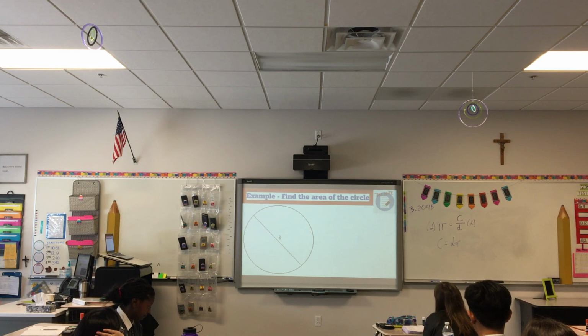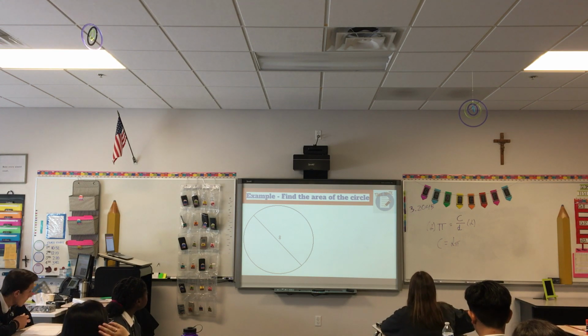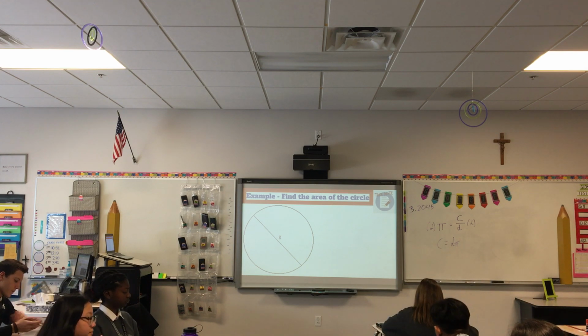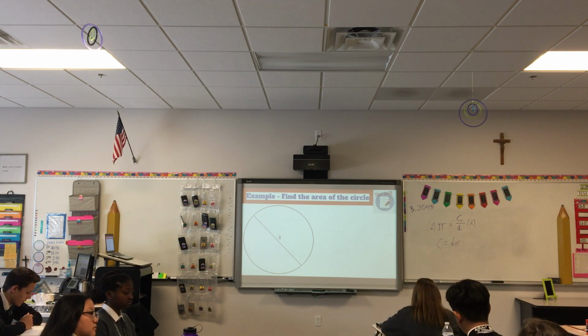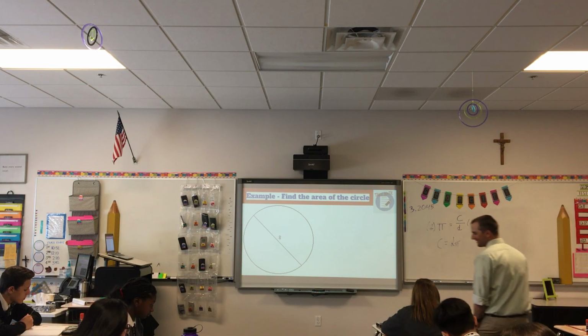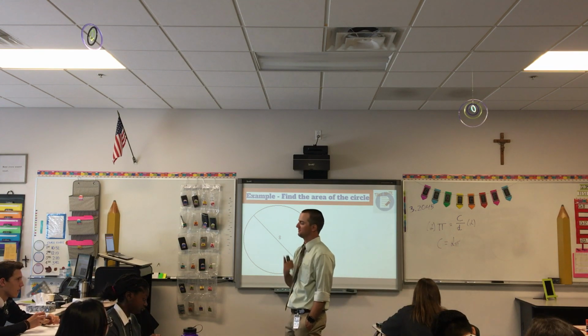So, a couple examples, just to make sure we got it down. In your notebook, try this example out for yourself. We're just looking for the area of this circle, in terms of pi. An exact answer for the area of the circle. 64 pi.